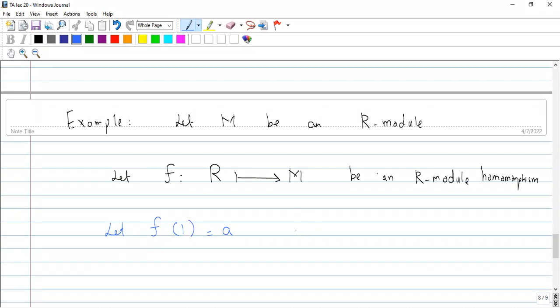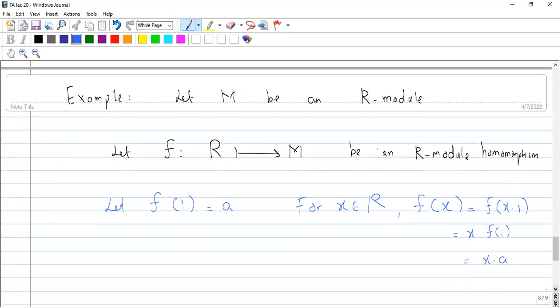Then what can we say, for x in R, about the image of x? x is an element of R, because it is the input. So this is equal to x dot 1, and this is equal to ax.